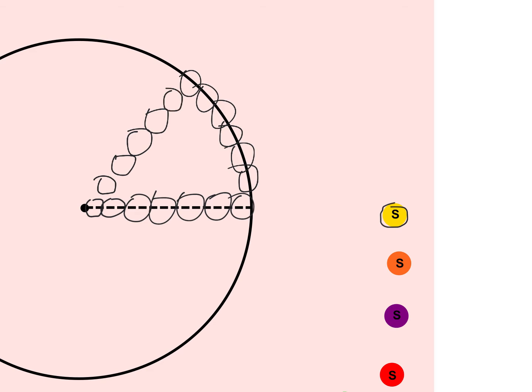And now connect it with one last radius. And if you go 7 and 7 and 7, what's different about one of those sides?